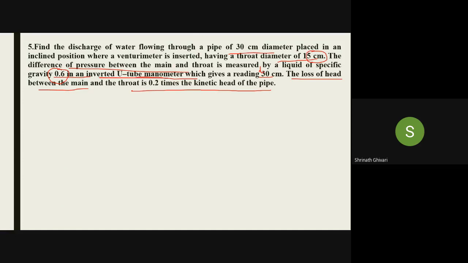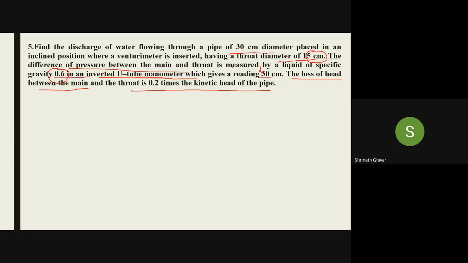So, can anyone tell me what change we are seeing here? There is an inverted differential manometer, an inverted U-tube manometer connected to this. I've told you last time also that in an inverted U-tube manometer, the liquid in the manometer will be lighter compared to the liquid flowing through the pipe.